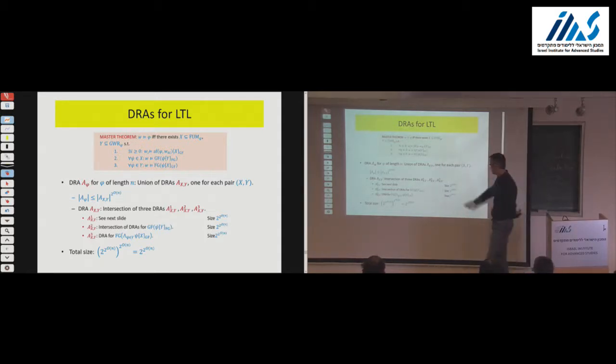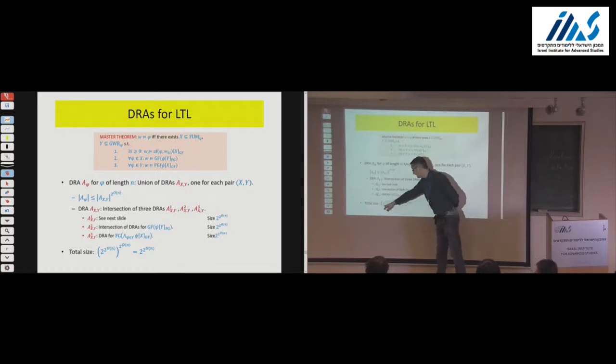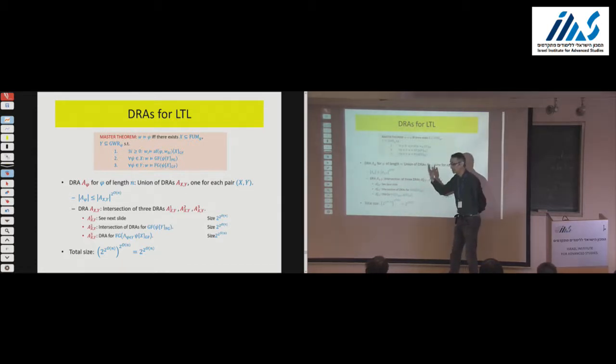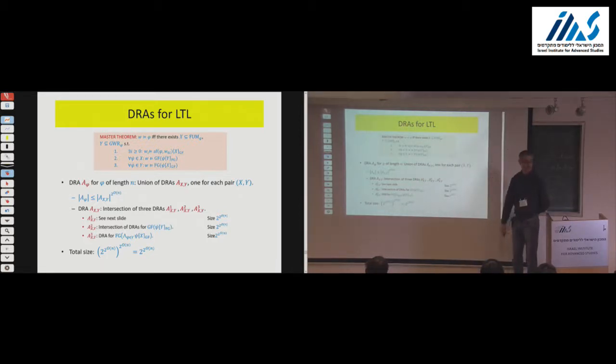So this is what you get, right? Believe me for the moment that this also has size at most double exponential, right? And then what you get is this. This is the maximal size of one of these components, and to this power, and this is the magic of exponentials, right? This is not triple exponential. This is still double exponential. Okay, everybody happy with this?